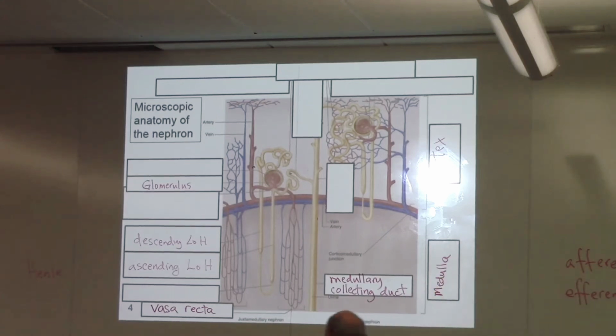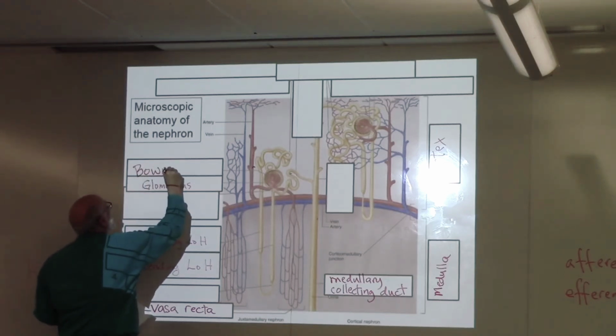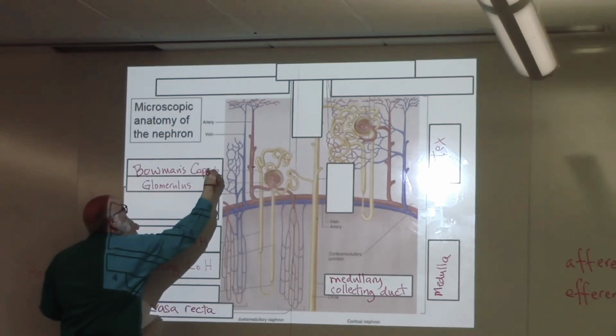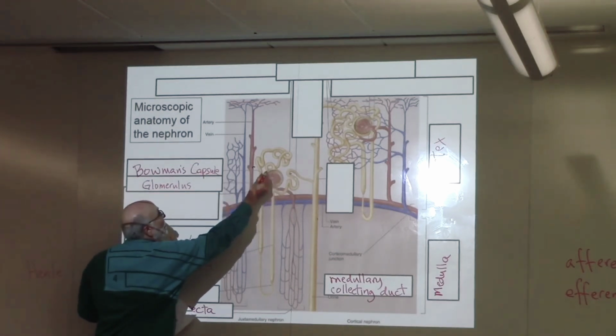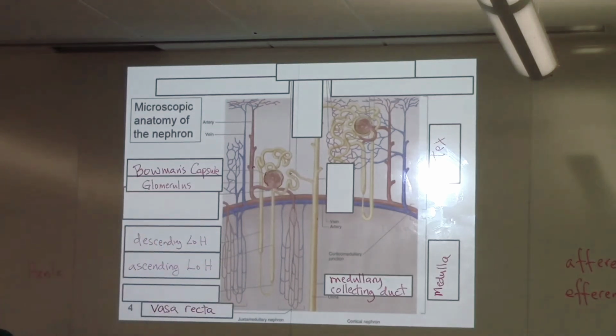Okay, Bowman's capsule is the outer thing that surrounds the glomerulus. Okay, who's next? Marina?